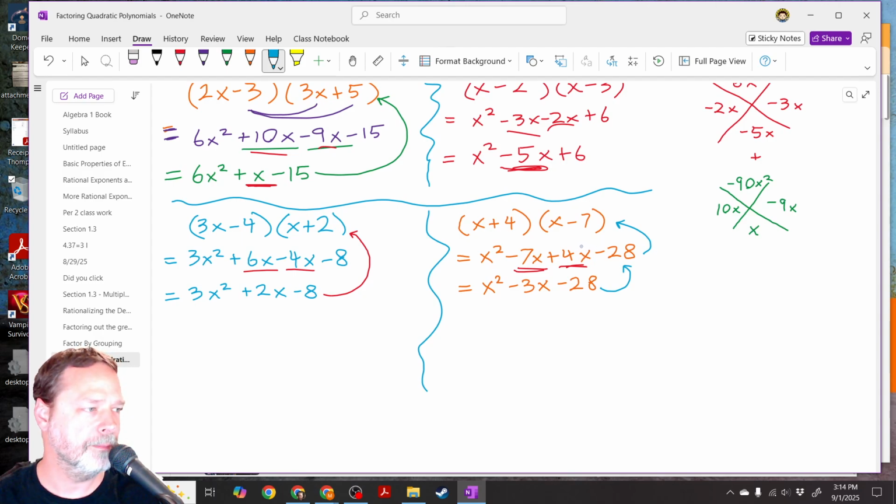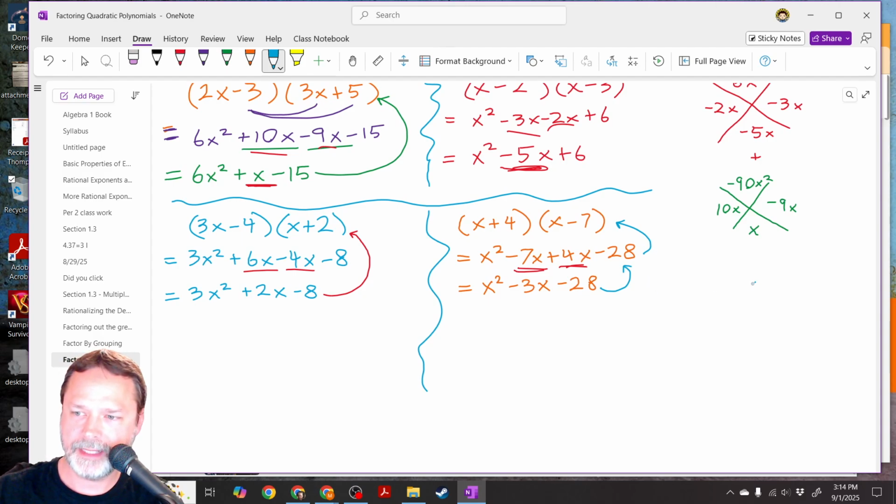That's one method that's very popular that some people love to do, is to set up this x. I can do a better one than that. We can set up this little x. We can put the product of these two up here, so 28x squared, and the middle term right here, negative 3x.